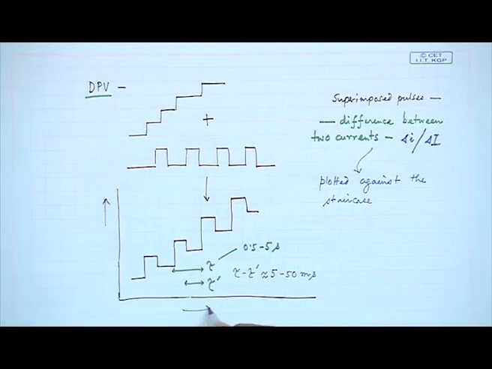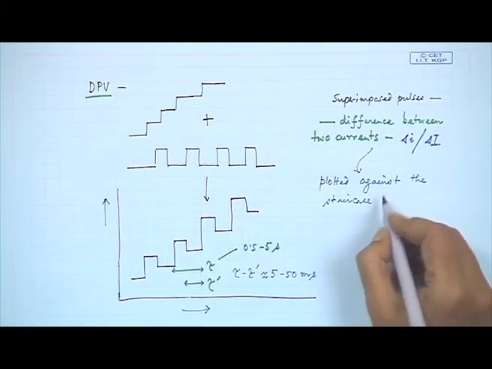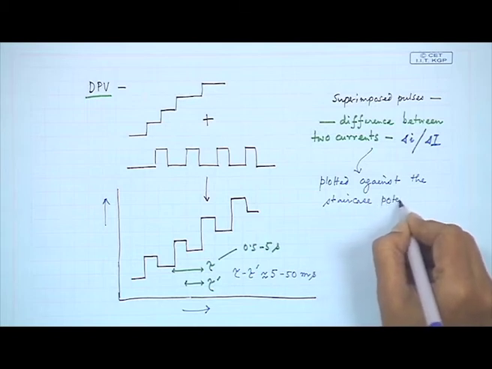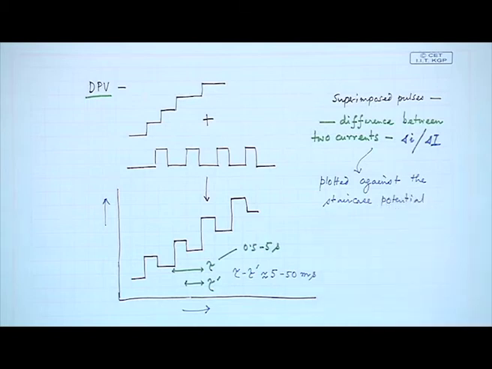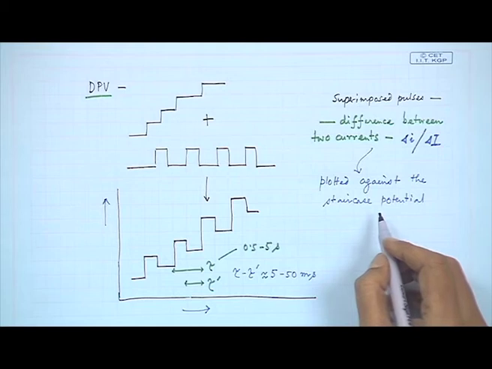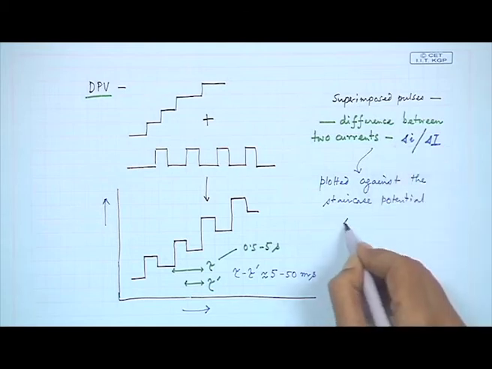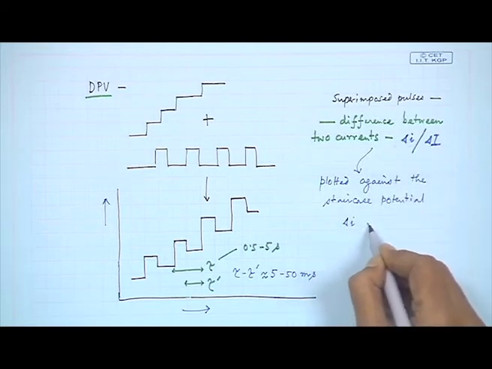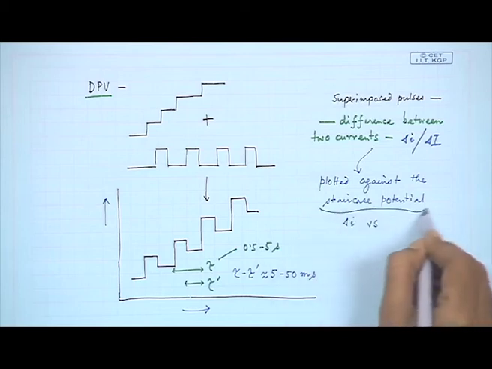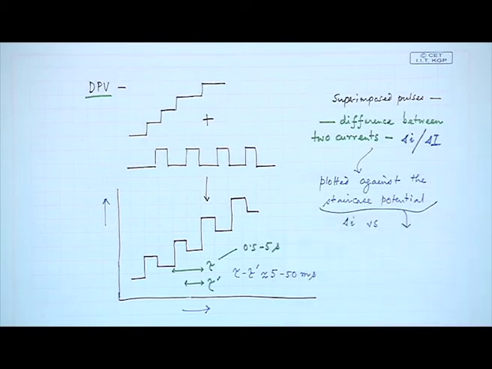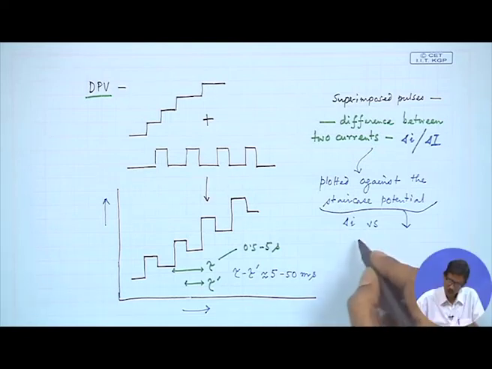This is your time. So, we get this delta I versus the staircase potential.